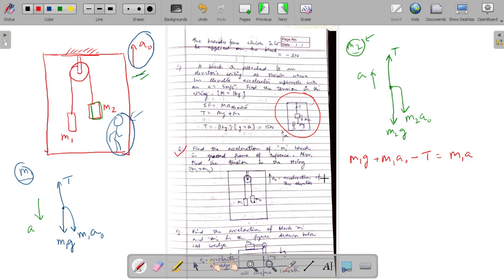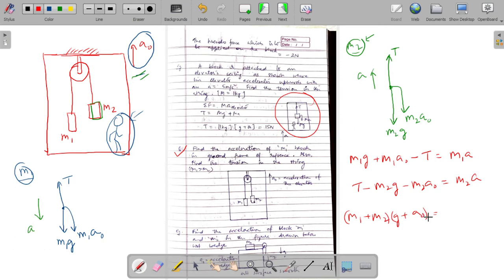And similarly for mass m2 we would write tension T minus m2g minus m2 a naught is equal to m2 into a.